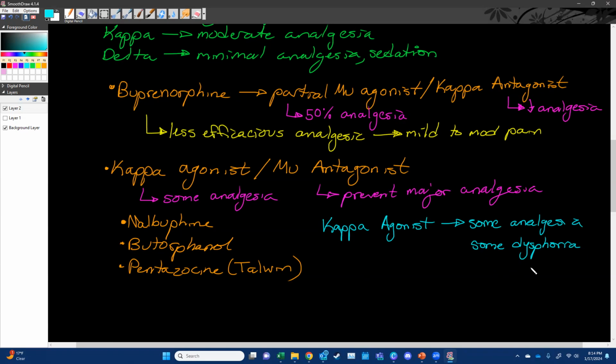What this means is that butorphanol, nalbuphine, pentazocine, you can't abuse, right? What would be the point of abusing a drug that causes you to feel like the world is crashing down around you, right? It's a very, very disheartening reaction. It really does make you feel like the world is a terrible place.